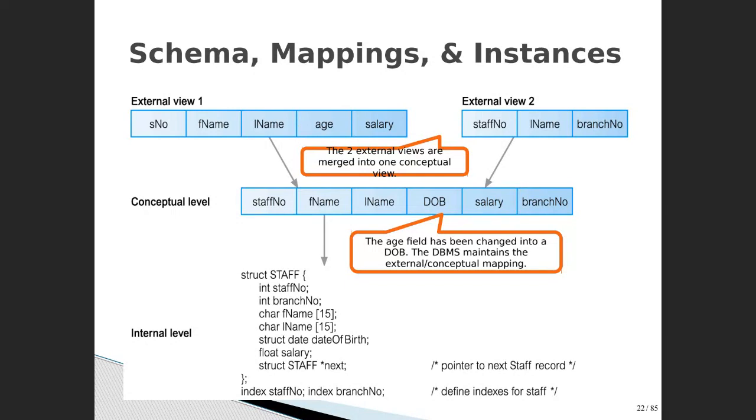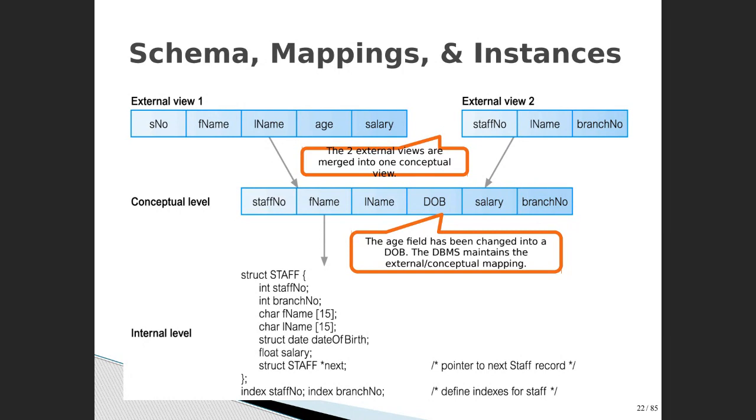Can you see in the external view how many subschemas we have? How many user views at the external level do we have? Yes? I'm just making sure that you are with me. Yes, Qasim. We have 2. All right, excellent. So we have 2 external views. Every user view will include a number of attributes.